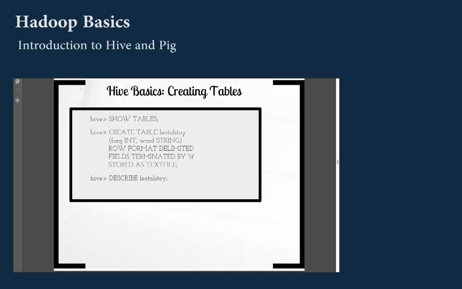A few examples here. You start with show tables. Once you are in Hive, you can do a show tables. You can create a table. Let's say here we are creating a table called Leo Tolstoy. In that we have decided to have two fields, frequency and word.